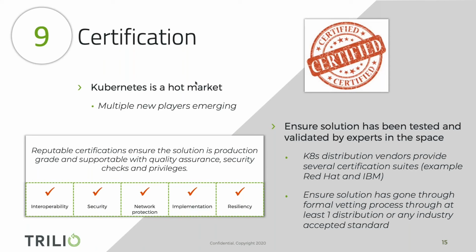These IT giants provide multiple certification mechanisms to certify a Kubernetes application, which makes sure that you are doing all the right things in terms of interoperability, security, network access, resiliency, and how it's being implemented. Having this certification provides peace of mind to the end user that whatever solution you are engaging to touch your data is doing it in a rightful fashion.